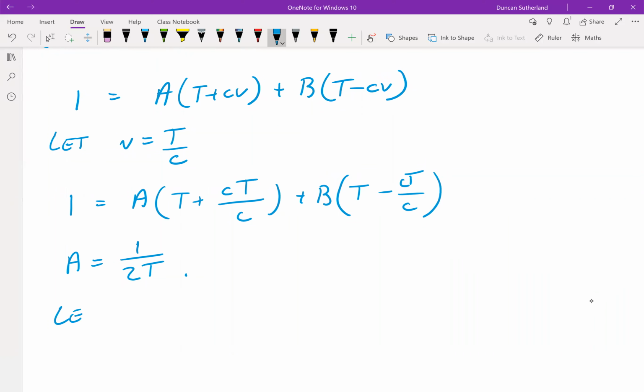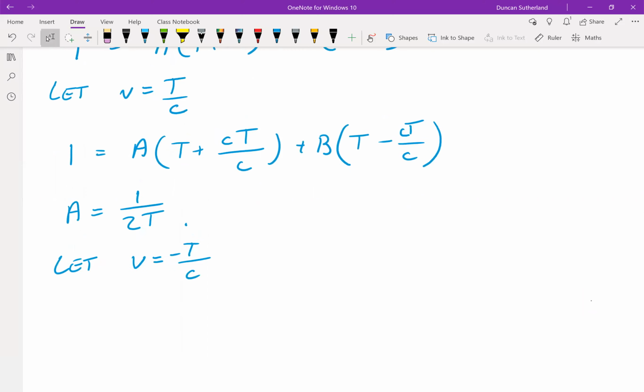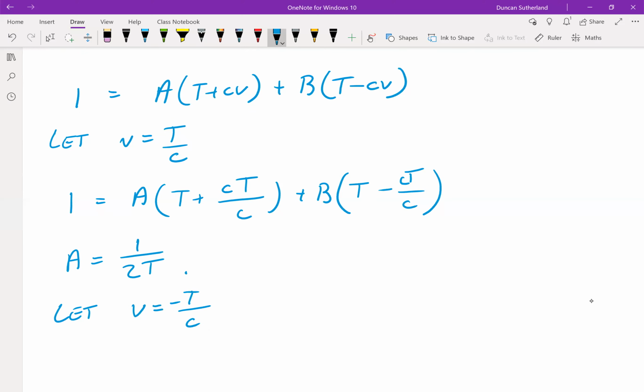The other one, or the b, can be determined with v equal minus t on c. We substitute that into our expression up here.